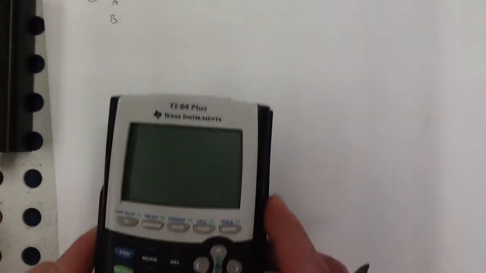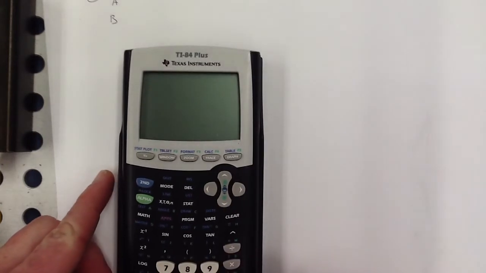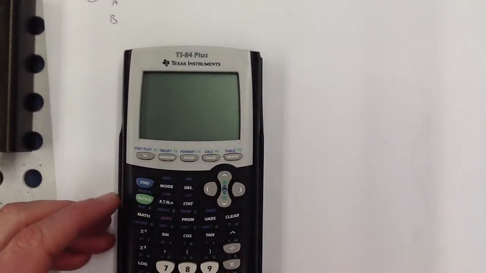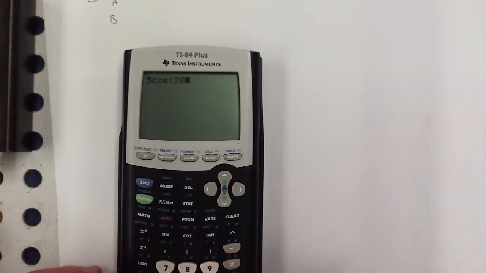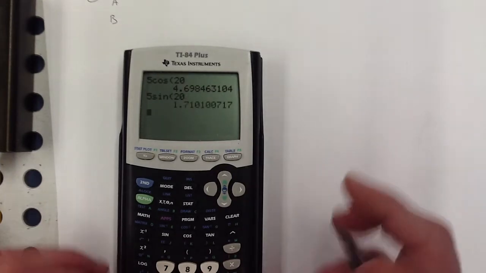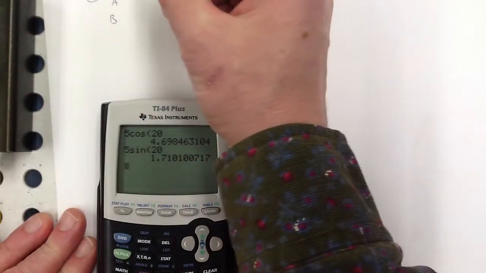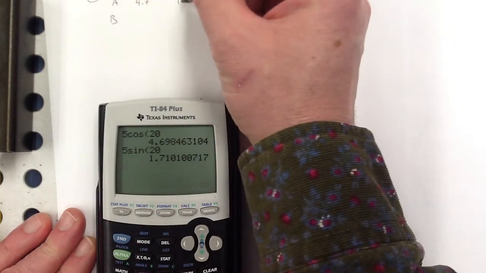So the first vector here, A, is 5 magnitude at 20 degrees. Round to the nearest tenth on these.